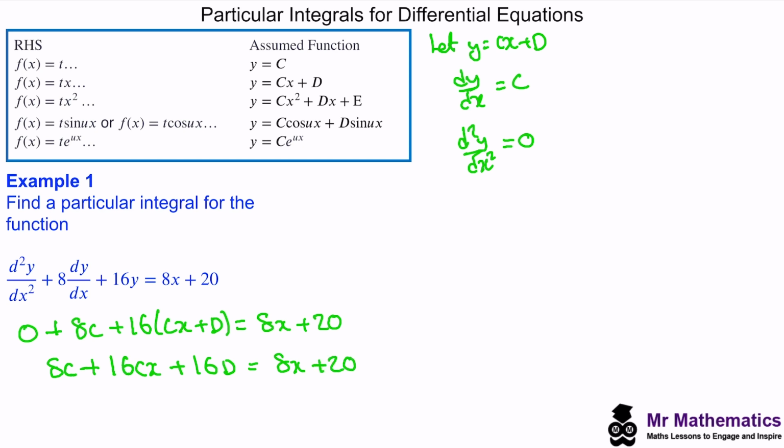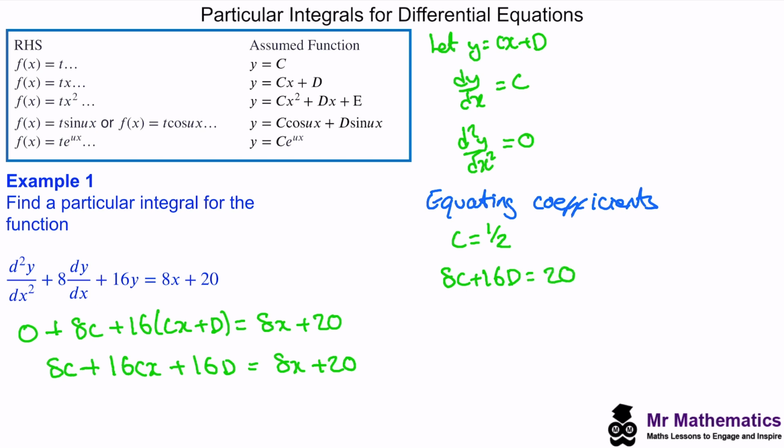And now we'll equate coefficients. So this 16cx will map on to the 8x term, so therefore c must be equal to 1/2. And this 8c and 16d are constant terms, so they must be equal to 20. And we know this c is 1/2, so we get 4 plus 16d equals 20.